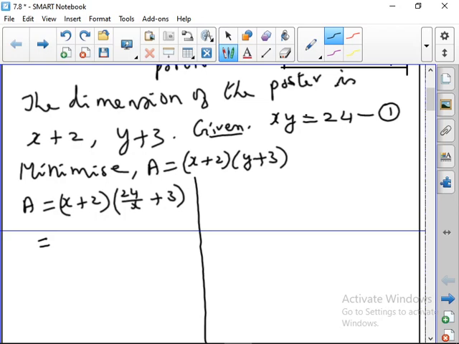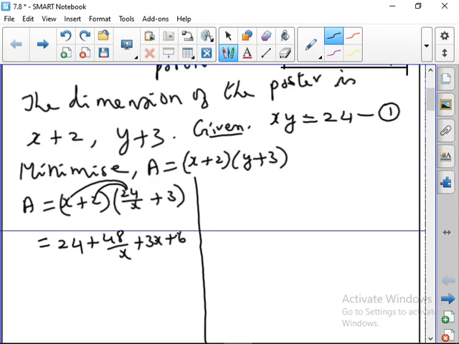When you multiply, ordinary algebraic multiplication, first we get 24, plus the next is 48 by x, then with 3x, then plus 6.